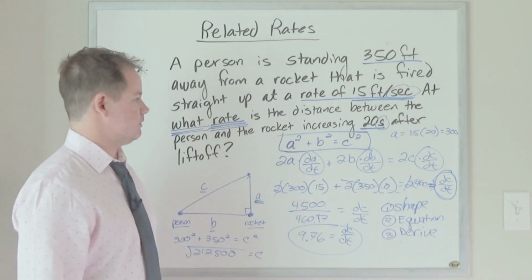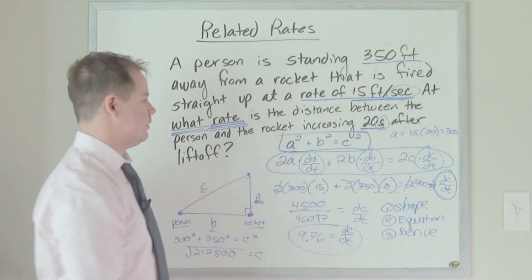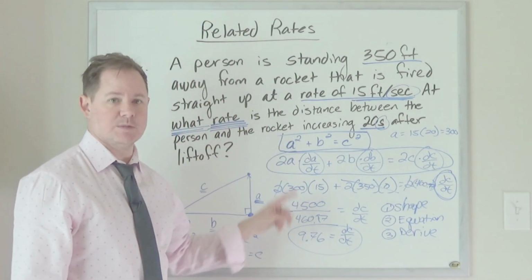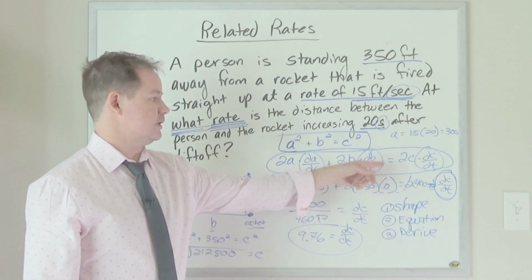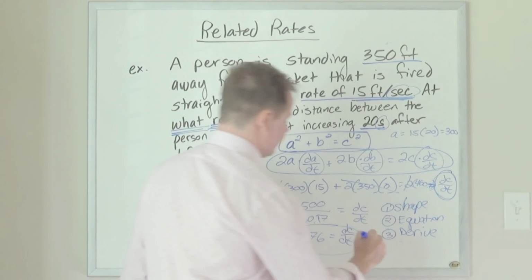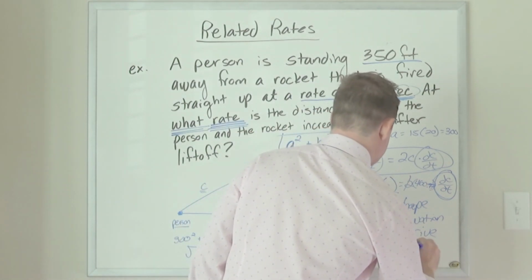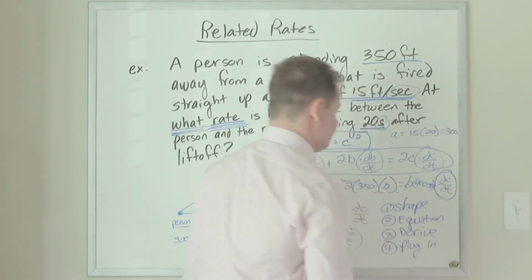So we took the derivative of this to get this nice big long equation here of 2a dA/dt plus 2b dB/dt equals 2c dC/dt. And then the easy part, hopefully, the hard part is setting it up, but once we get there, we're just plugging in those corresponding values.